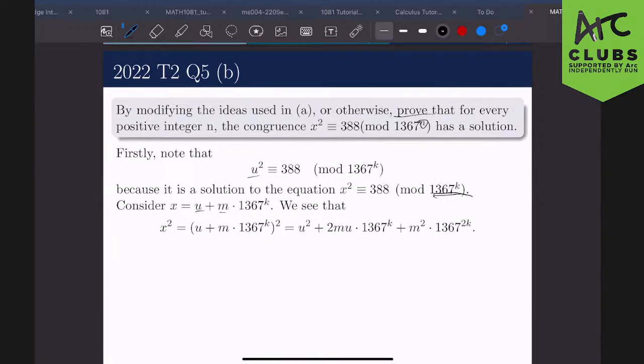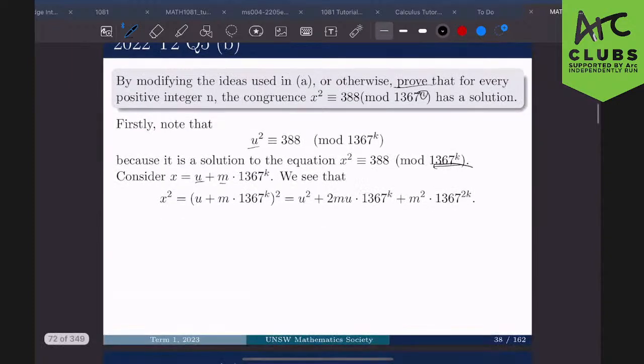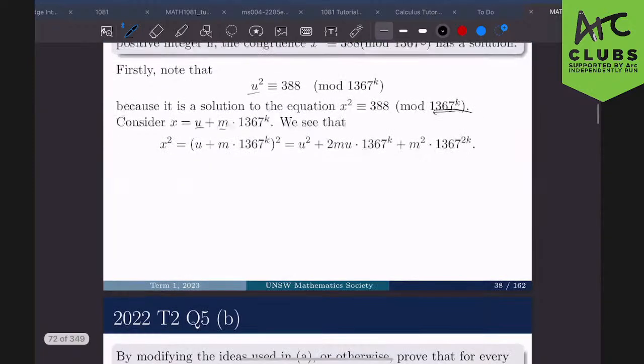Obviously this term, if you're putting it back in here, will cancel out with respect to this mod. So now that we've done that, we'll see what x squared is. We're just expanding this bracket.